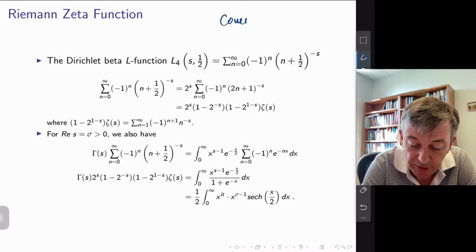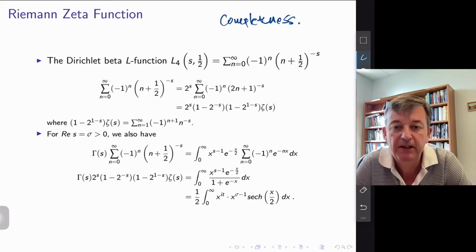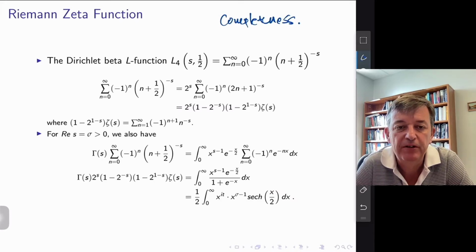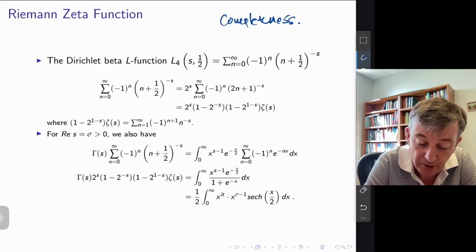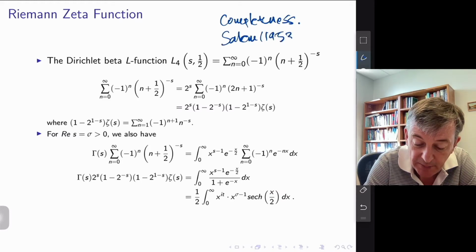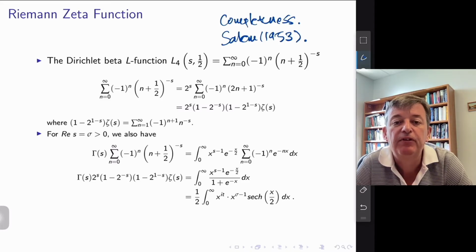Okay, so here was my approach back in 2011. I want to talk about completeness of a family of probability distributions. And the original paper, it's only like a 2-page paper, by Salem in 1953 came up with an equivalent completeness condition for the Riemann hypothesis.